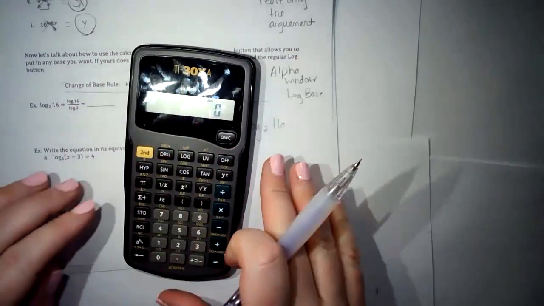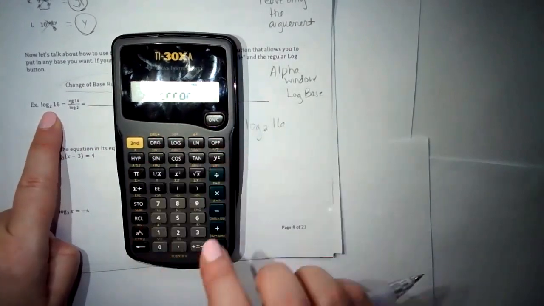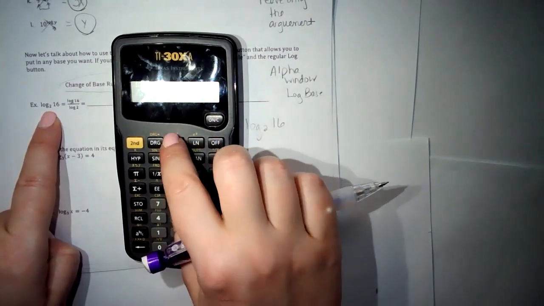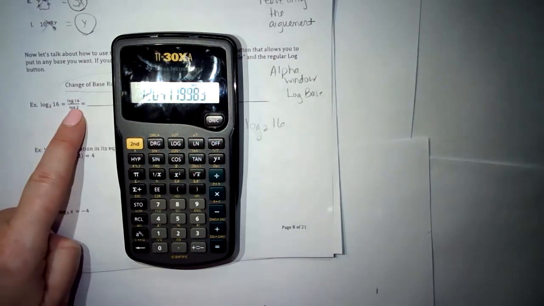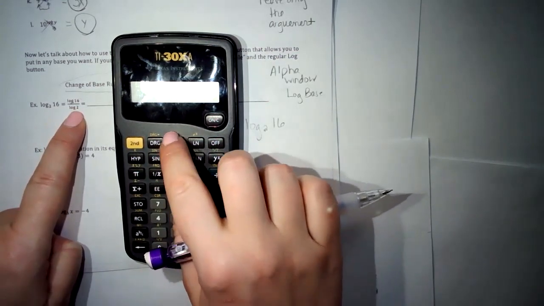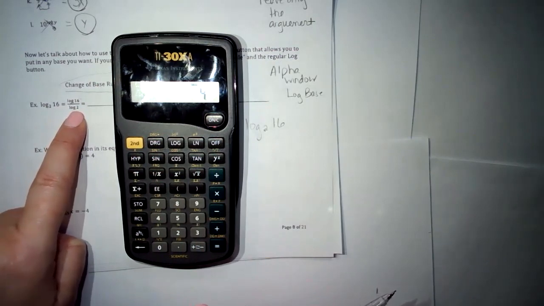So let's try that. So if I want to find this, now I have to put in 16 first and then hit log in my calculator. I can't hit log 16. I have to put 16 then log, divided by 2 then log, and then I hit enter and you should get 4.